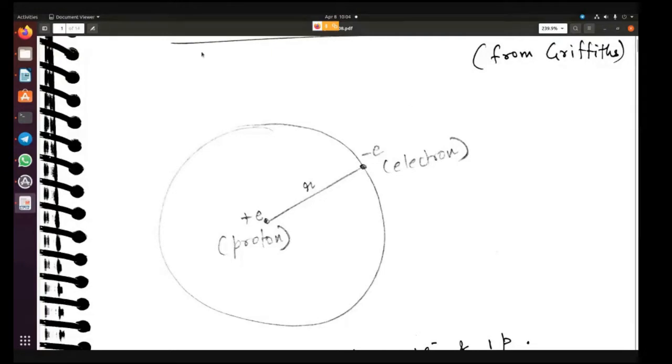So if the electron is moving around it and the distance is r, we can see that there is some spherical symmetry to this problem, right? Because the electron is moving in a sphere, since it is three-dimensional. Second thing is that the proton is almost fixed, so we consider it to be at the origin.